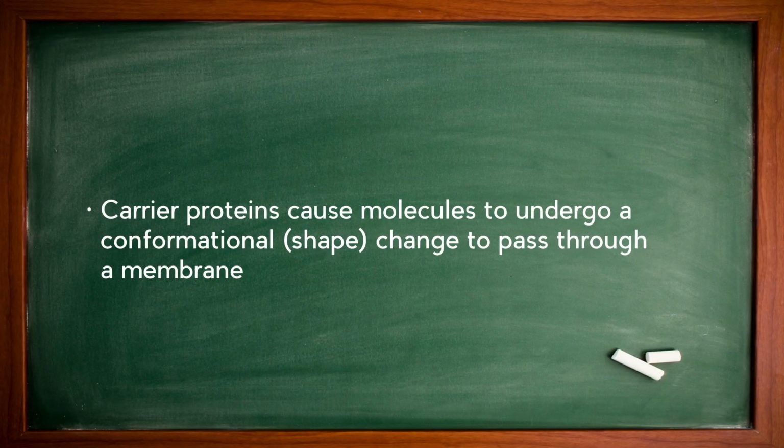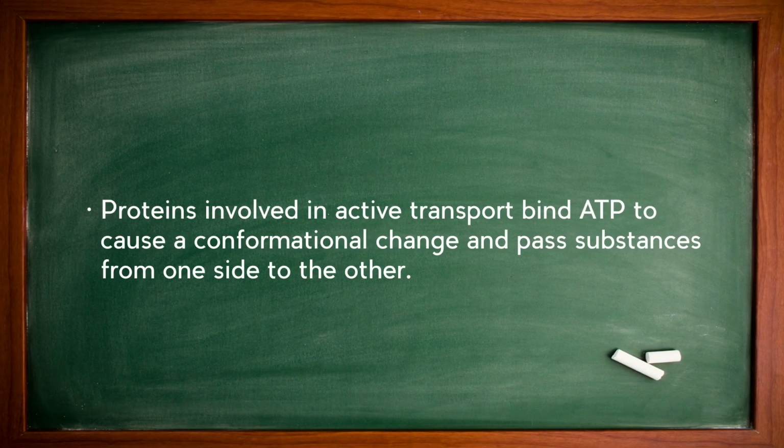We can also explain how in a carrier protein, the binding of a substance to that site that we mentioned above causes a conformational or shape change. And then thirdly, we can refer back to the fact that those proteins involved in active transport would have an ATP binding site, which allows them to undergo a conformational change and pass substances from one side of the membrane to the other.